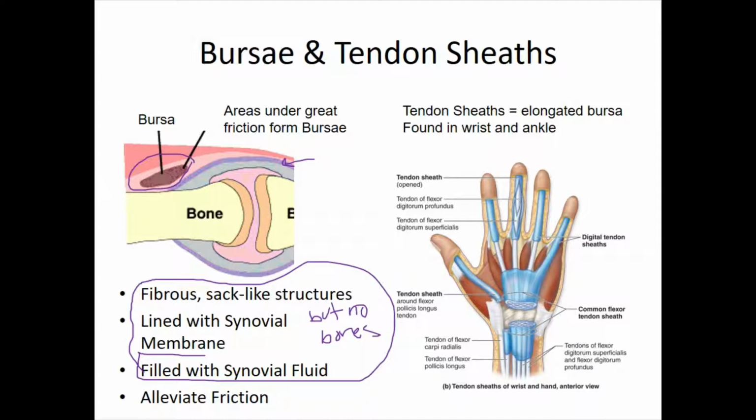Tendon sheaths are basically these really big, elongated bursa. So you're not going around, you're not forming a joint cavity because you're not having the articulation there, but most commonly, we have the tendon sheaths that are found in the wrist and the ankle. Okay, so if you have inflammation of this, you might get carpal tunnel syndrome because you've got inflammation there.